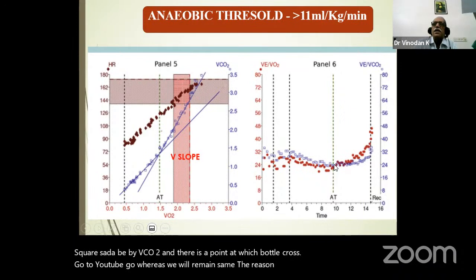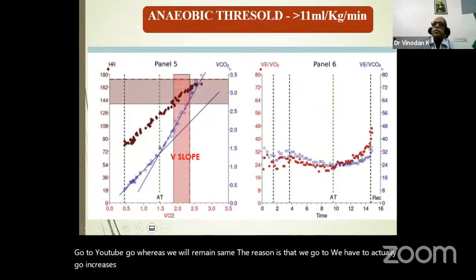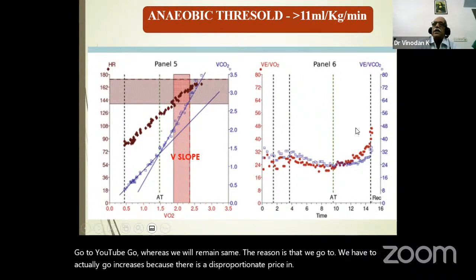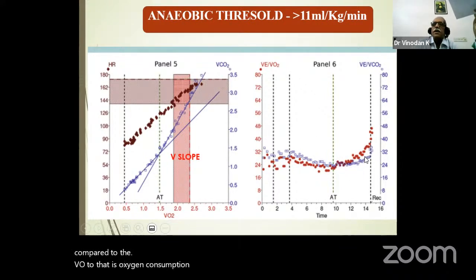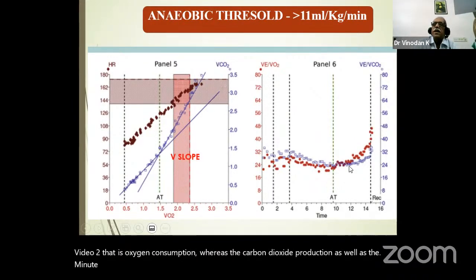The reason is that there is a disproportionate rise in volume expired compared to the VO2, that is oxygen consumption, whereas the carbon dioxide production as well as the minute volume will remain almost in the same ratio. That is why it crosses. So that crossing point is again the anaerobic threshold.